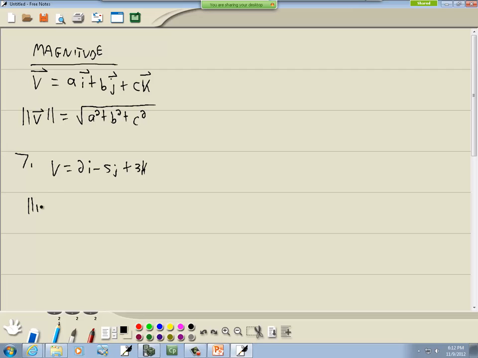But to find the magnitude, we're going to take the square root of 2 squared plus negative 5 squared plus 3 squared. 2 squared is 4, negative 5 squared is 25, and 3 squared is 9. That gives us 38, so it gives us the square root of 38.